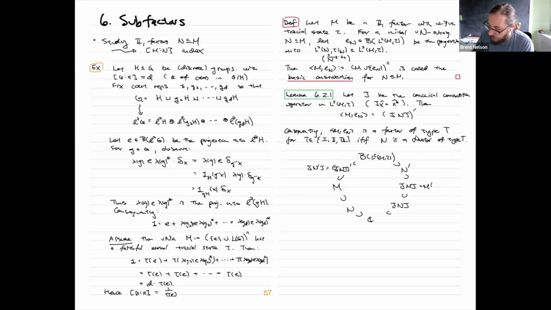So there are two symmetries going on here. One is that passing through the center is the same thing as taking the commutant, and then reflecting over the vertical central line is conjugating by J. And the lemma is saying that this basic construction is exactly this one up here.